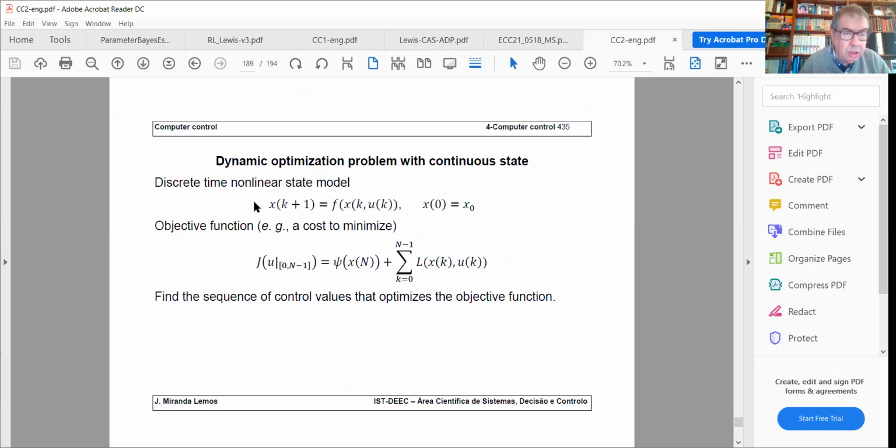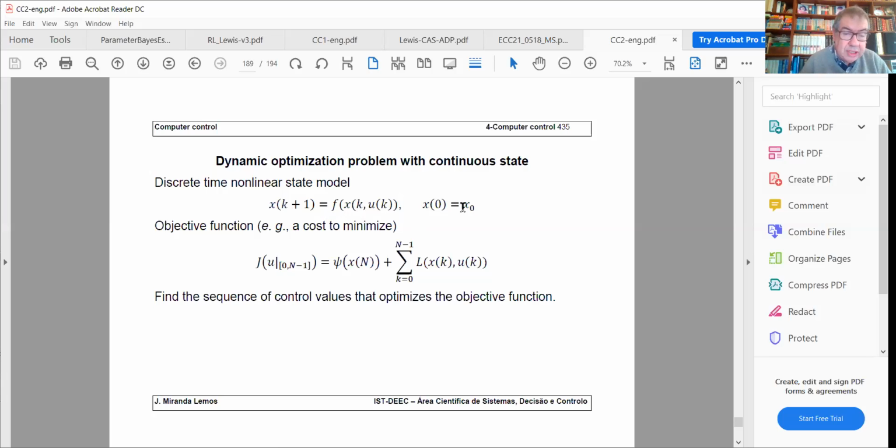That's a situation when you have, for instance, this nonlinear state model, in which f is a function that maps the state at time k. There is a curly bracket missing here. So x of k plus 1 is a function of x of k and of the decision that you take at time k. And you start with some initial condition.